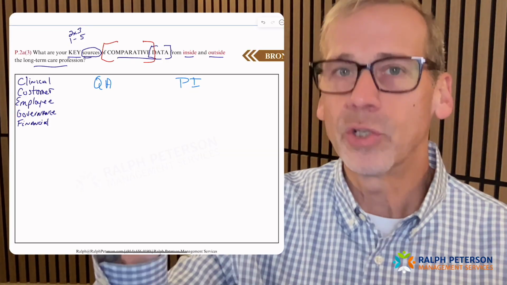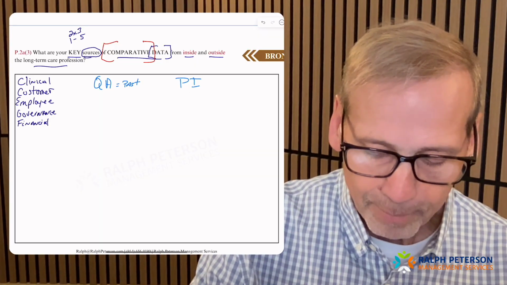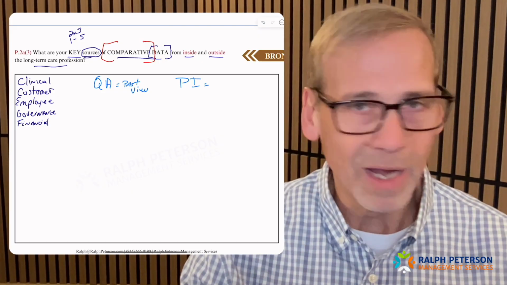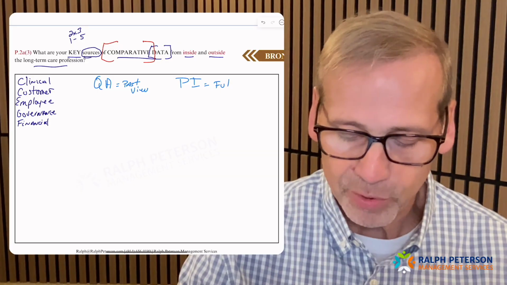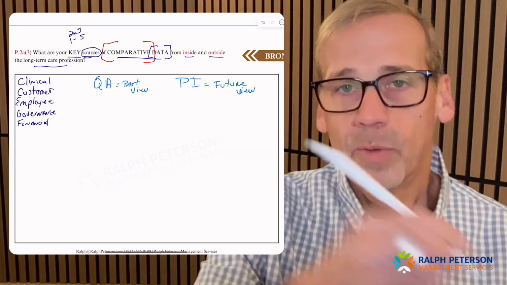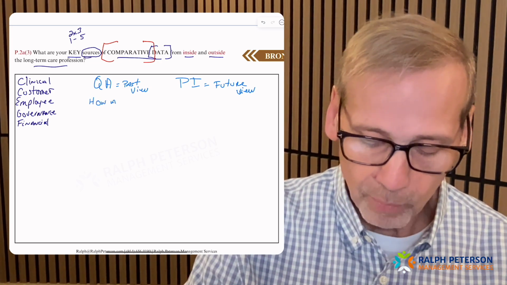The quality assurance agenda is a past view. The performance improvement part, we're not going to go over in this example, but it is a future view. The QA side asks, how are we doing?